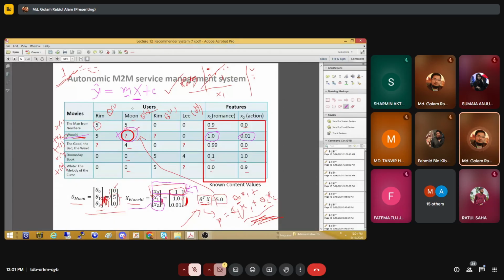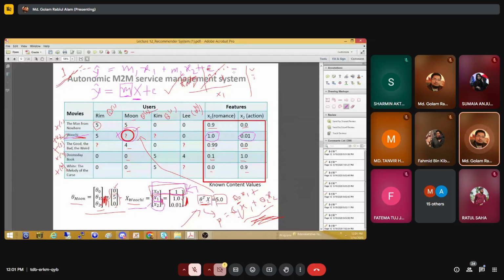And m is the coefficient of each and every feature. So one is m1 x1, and another is m2 x2, plus c. This is our y prediction, the predicted rating of Moon on Uchi.